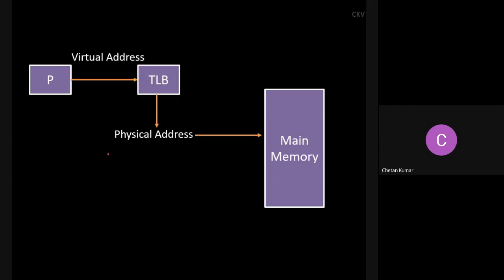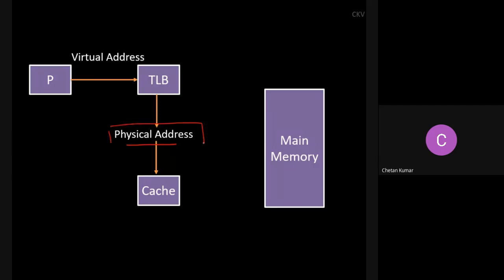But remember that we have one more element in between. Normally we don't send the physical address directly to the main memory. Instead, we will be sending the physical address to the cache, where we'll see if the data corresponding to this address is available or not. If it is available, you directly access the cache. If it is not available in the cache, only then you access the main memory.